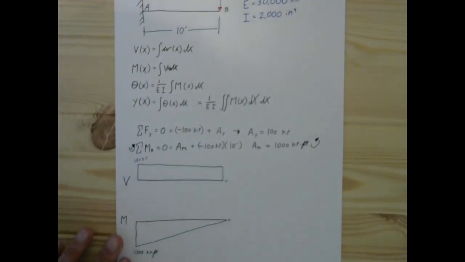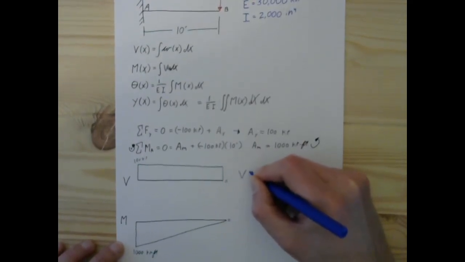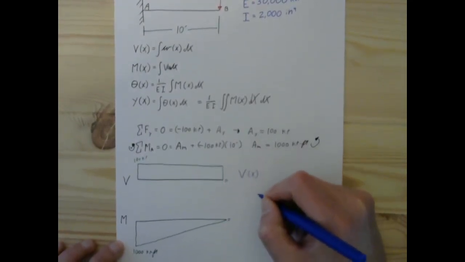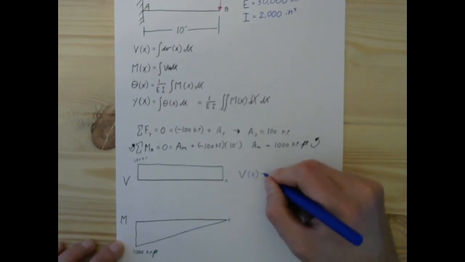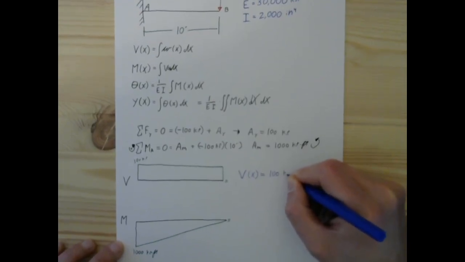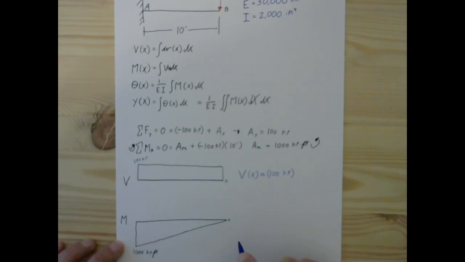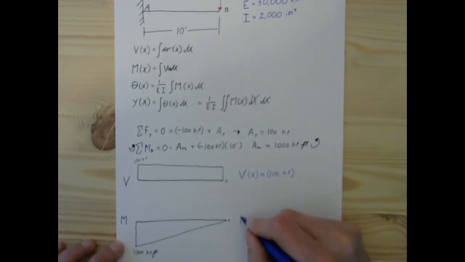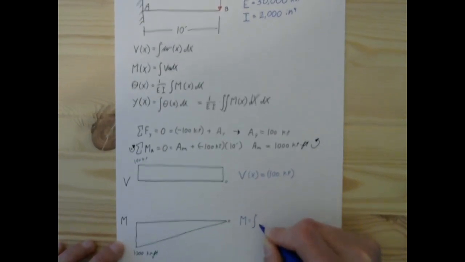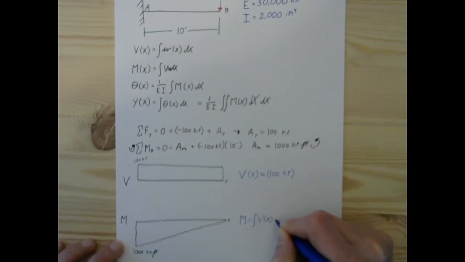So the functions represented by these are going to be that V, I'm going to say it's a function of x even though it's a constant, is 100 kips. Pretty easy function. Moment is the integral of the shear function.